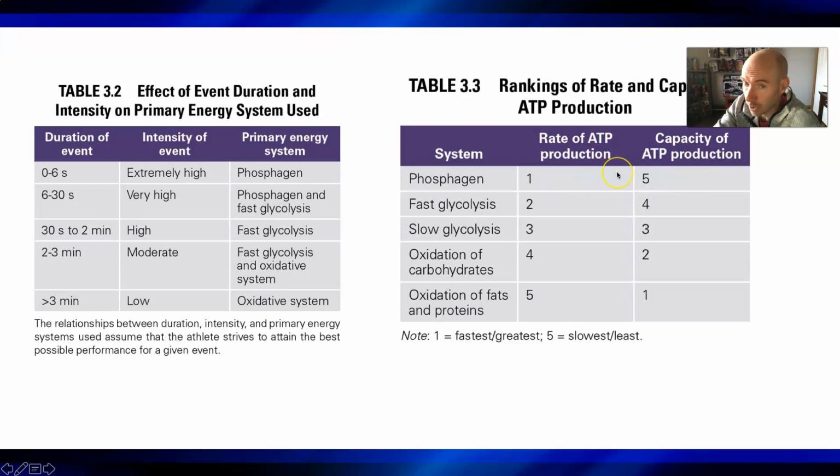So inverse relationship. On the opposite extreme, the rate of production is the slowest with oxidation or the aerobic system. However, we get the most out of it, or we have the highest capacity for the amount of production, right? In the middle, we have slow glycolysis. The rate is okay, the capacity is okay, right? But again, it's an inverse relationship, sort of like we showed over here.